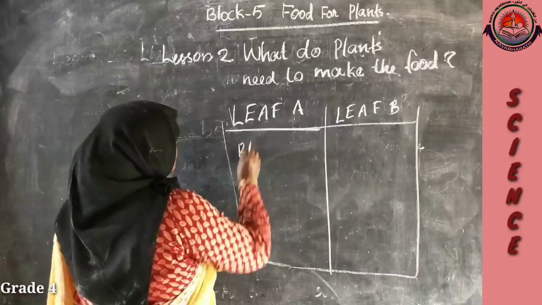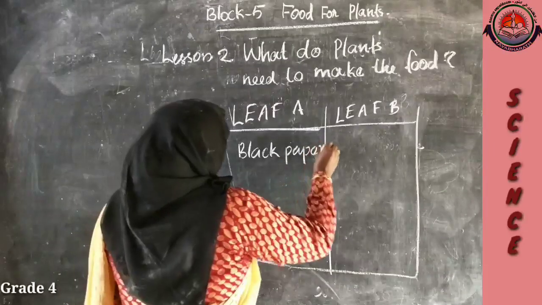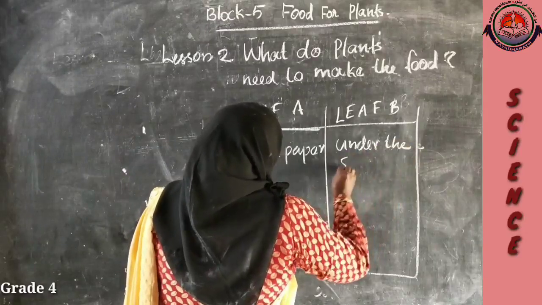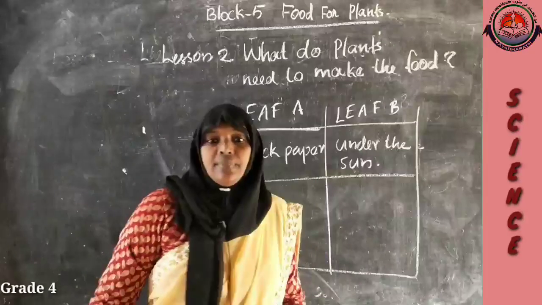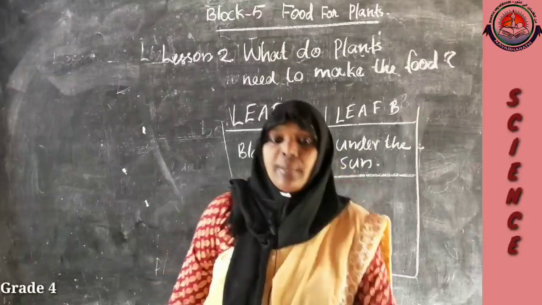This one we have covered with black paper, the first leaf. The second one is under the sun. Then we can check what was the role of the black paper.